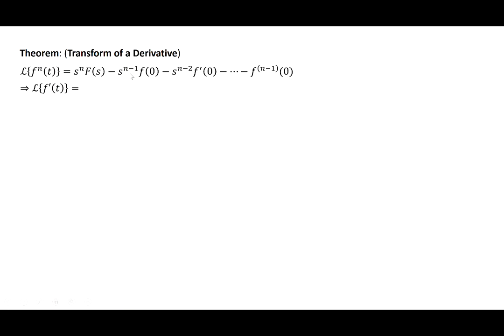Cool. Let's evaluate what the second term ought to be. There's a reason why I picked the last term to evaluate. So the second term would be s to the 1 minus 1, which is s to the 0, which is 1, provided s is not equal to 0, times f of 0. So that means f of 0 is the second term. Wait a minute. First term, no dispute, s times F of s.